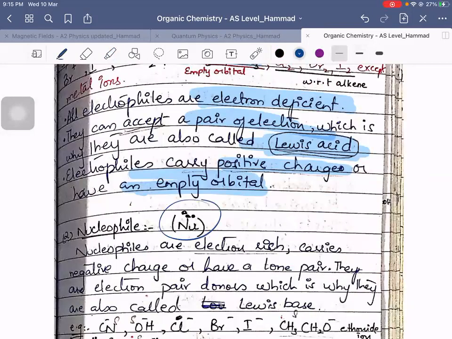is a compound, you could say, or a species which is electron rich. They will carry a negative charge or will have a lone pair of electrons. They are electron pair donors, which is why they are called Lewis bases.